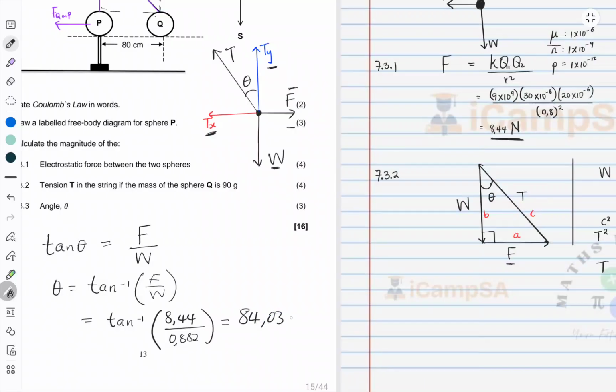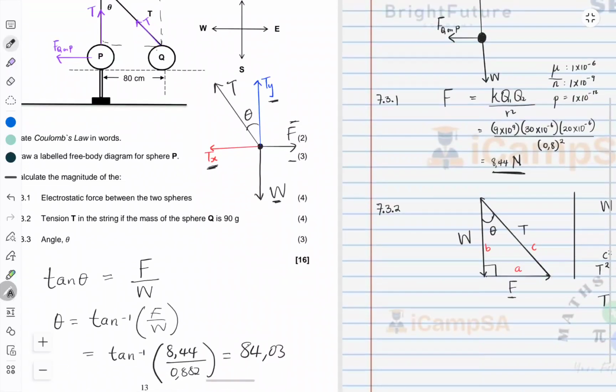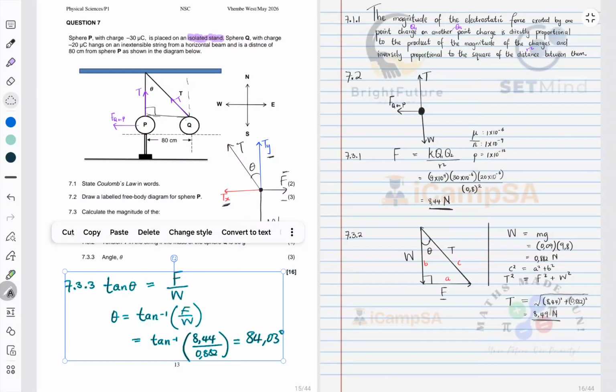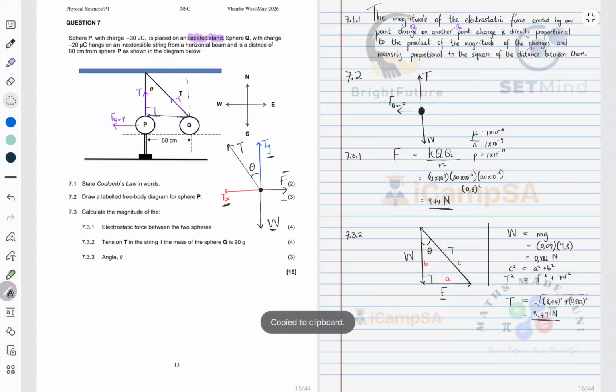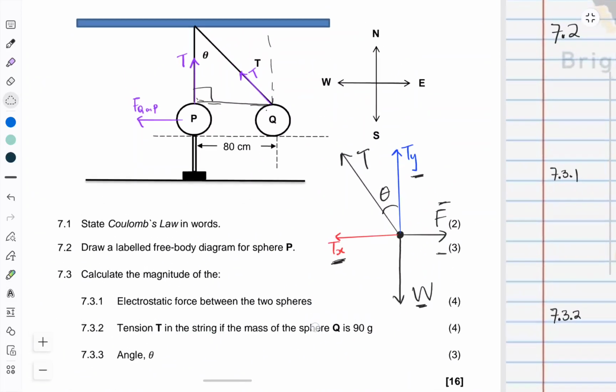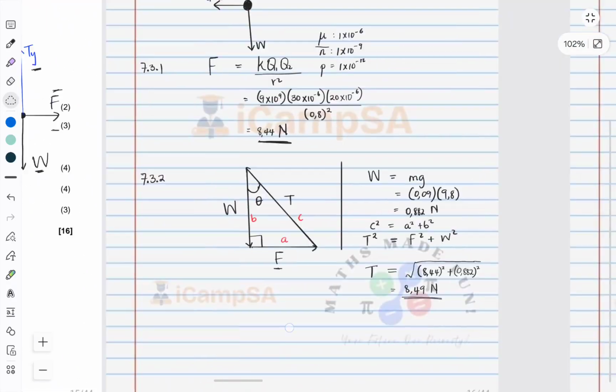Let's see, 0.3. Oh yes, it's fine. 0.3, yeah. Degrees. All right, so that's our answer for theta. It's quite a big theta. It's very suspicious, but let's just double check. In principle, yeah, we did everything fine, so it should be fine.